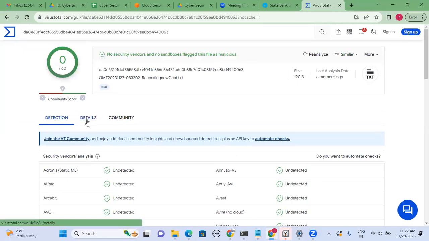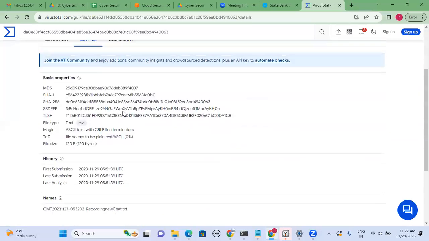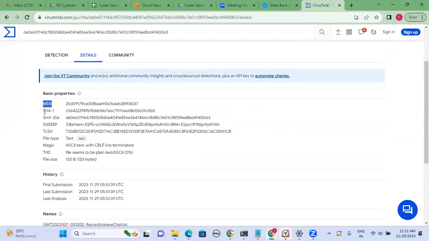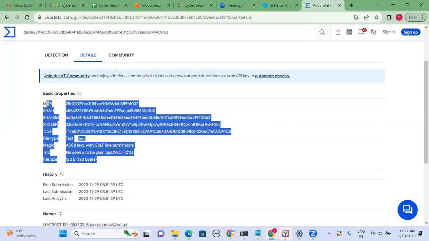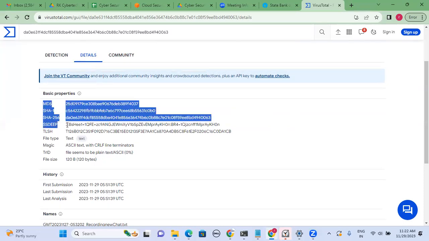Now I'll go to the details tab. Now you can see MD5, SHA1, SHA-256, SSDeep, TLSH. All these are hashing algorithms. Hashing is the digital representation of the file. What is the digital representation? Either MD5 or SHA1 or SHA2 or SSDeep.